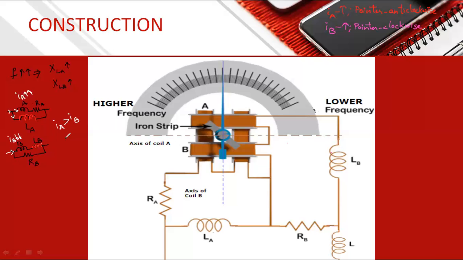When IA is greater than IB, the magnetic field strength of A is higher than the magnetic field strength of B. So attraction pull will be more towards coil A, and hence your metal strip will try to move in anti-clockwise direction. That's what we have written here already. If IA is more, the pointer will try to move in anti-clockwise direction.